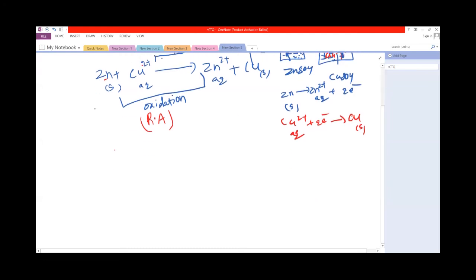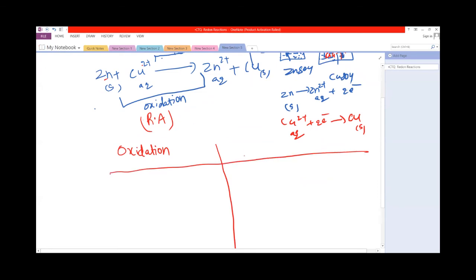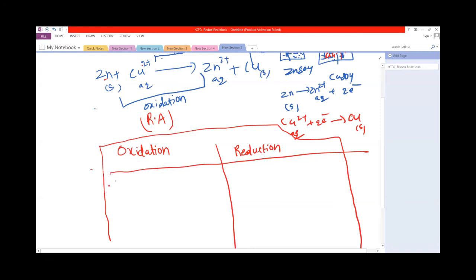Then oxidation and reduction are already given in the class notes. Please write the differences from your class notes, which I already mentioned: point 1, point 2. Please refer to your notes and write.